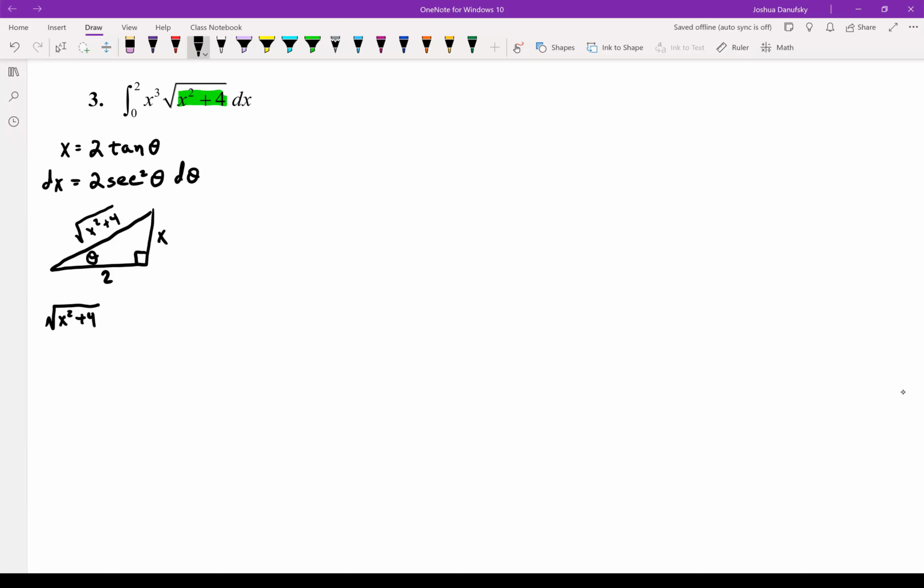And so noticing that the square root of x squared plus 4 is the hypotenuse, and we have 2 as an adjacent side, that means that the cosine of theta is equal to 2 over the square root of x squared plus 4, which means secant theta is equal to the reciprocal.